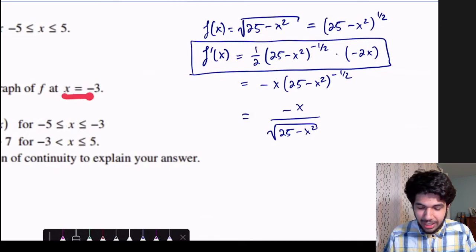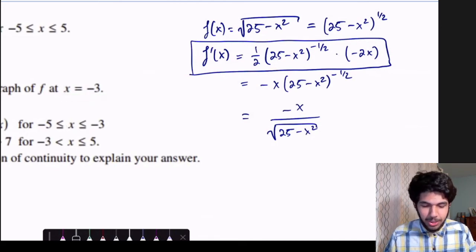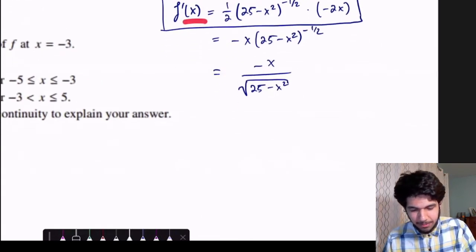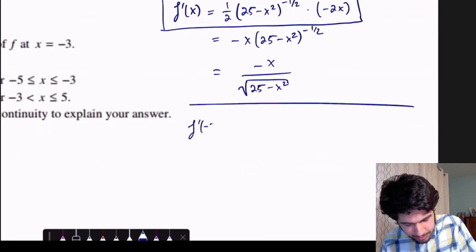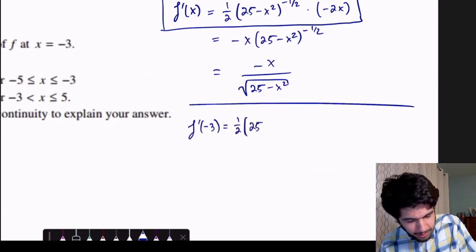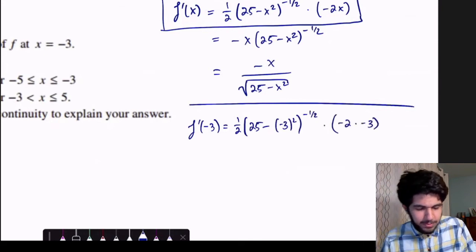So we want it at x equals negative 3, so let's plug in negative 3 in here. So f prime of negative 3 is going to equal 1/2 times 25 minus negative 3 squared to the negative 1/2 times negative 2 times negative 3.